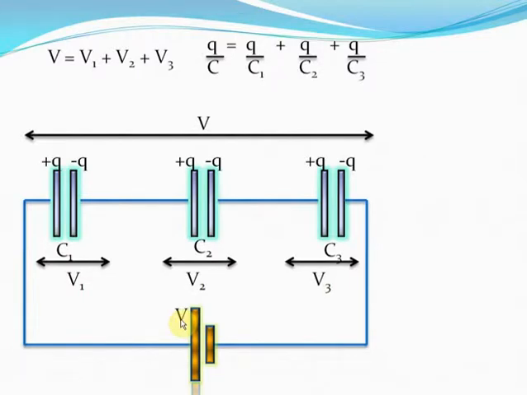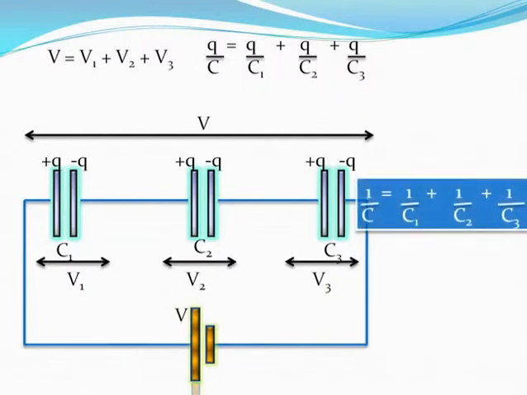That's because the potential drop across each capacitor is Q by C. So for example, the potential drop across capacitor C1 is Q by C1, and the potential drop across capacitor C2 is Q by C2. So when you equate Q by C to Q by C1 plus Q by C2 plus Q by C3, Q gets cancelled off because the charge on each capacitor is the same.